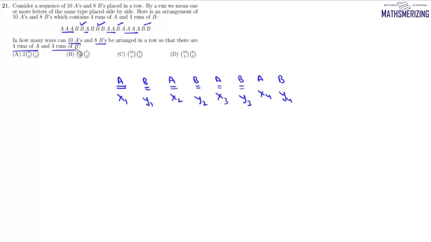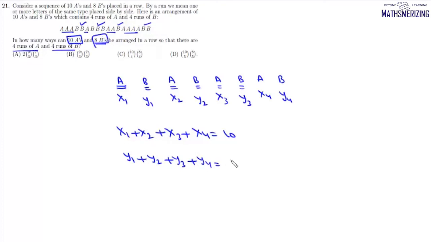Now we have to arrange 10 A's. That means x1 plus x2 plus x3 plus x4 will be 10, and y1 plus y2 plus y3 plus y4 is equal to 8.